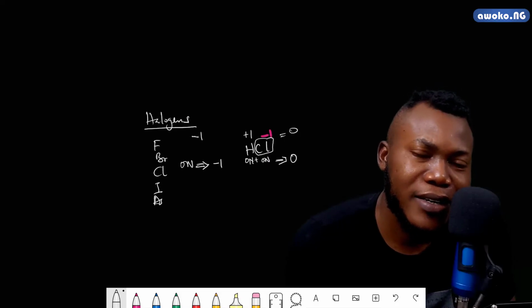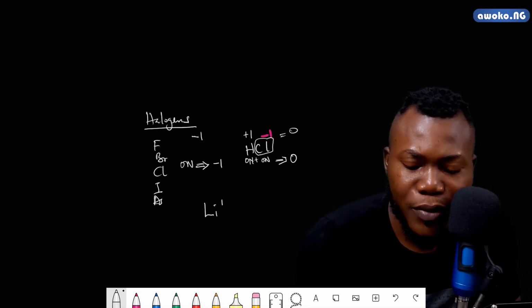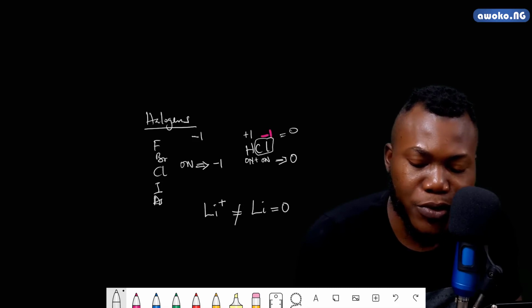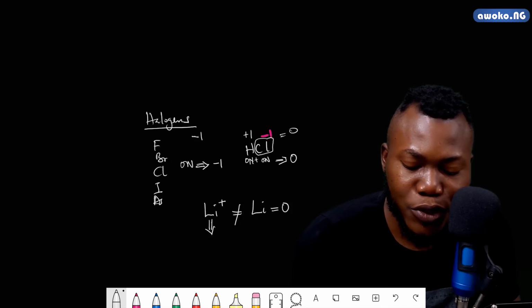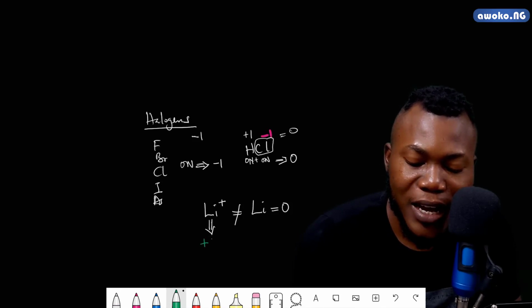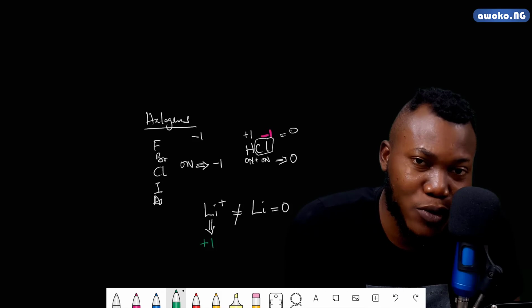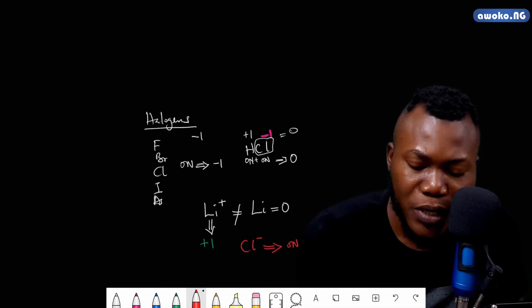Another rule we want to consider is that if you consider, let's say, lithium ion, you know that lithium ion is not equal to lithium, the metal. While the atom standing alone has an oxidation number of 0, the ion has an oxidation number equal to the charge, which is +1. So whenever you see a charged atom or ion, say chlorine ion, the oxidation number will be equal to the charge on the ion, which is -1.